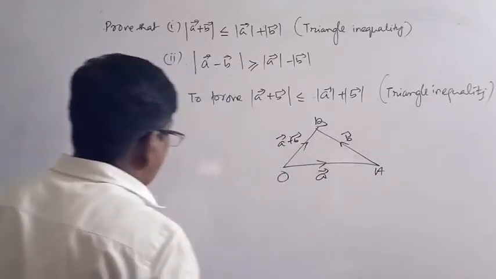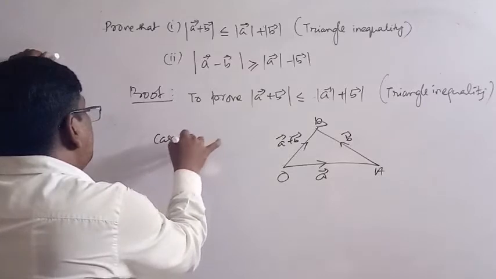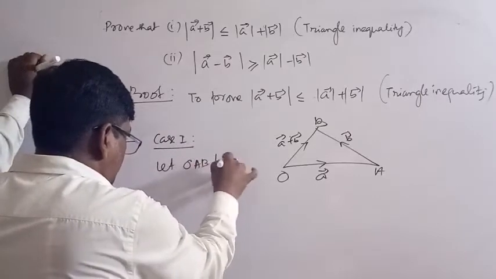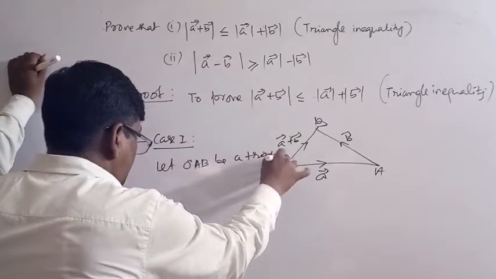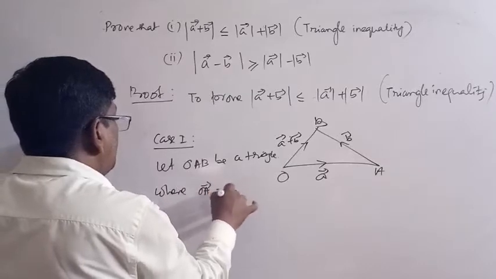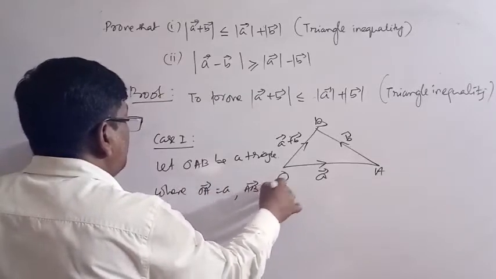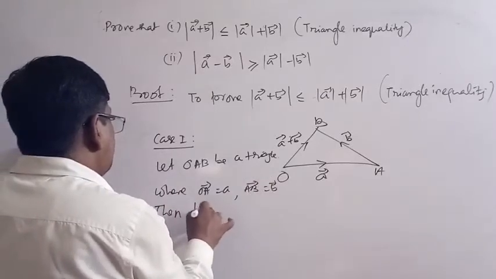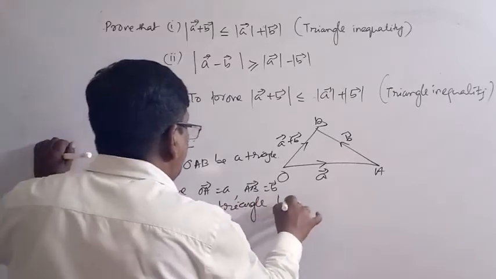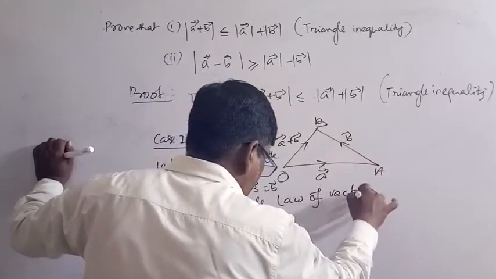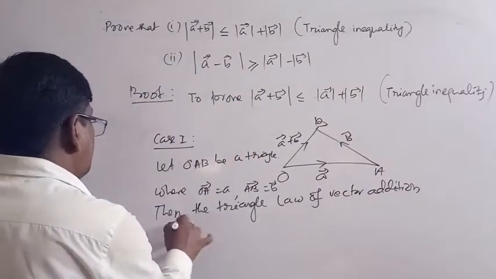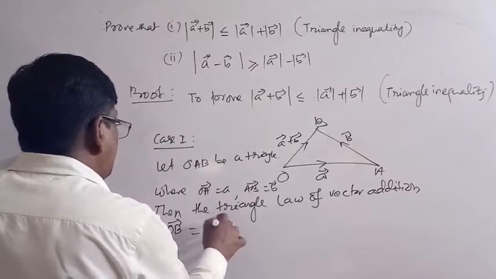Case 1: let OAB be a triangle where OA vector is equal to A and AB vector is equal to B. Then by the triangle law of vector addition, OB vector is equal to A vector plus B vector.